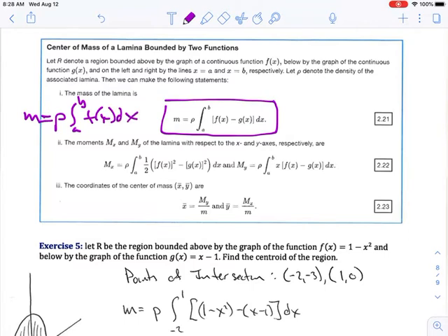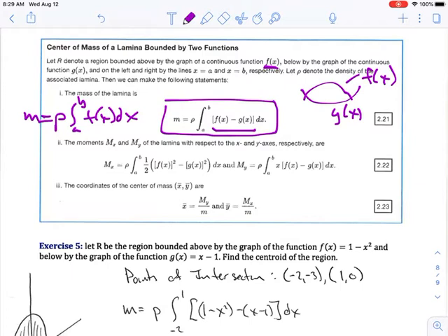The only difference now is it's f of x minus g of x, the difference between the two functions, where it's important to understand that f of x is the function on top, and g of x is the function on the bottom. So it's the top function minus the bottom function.